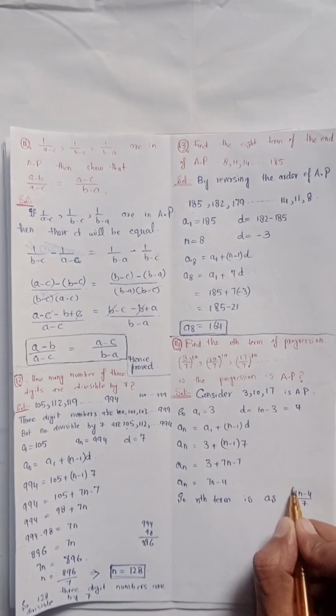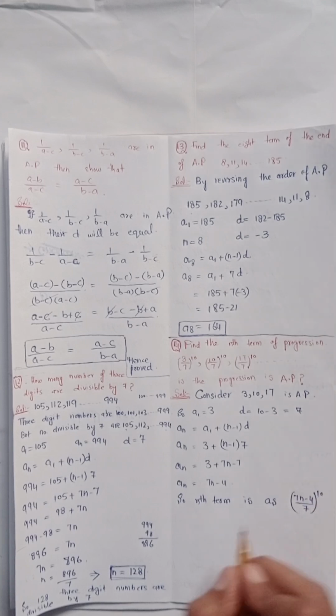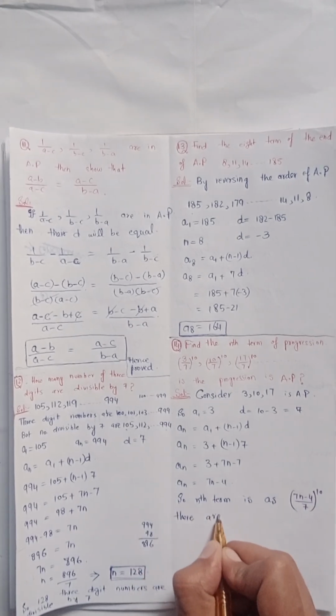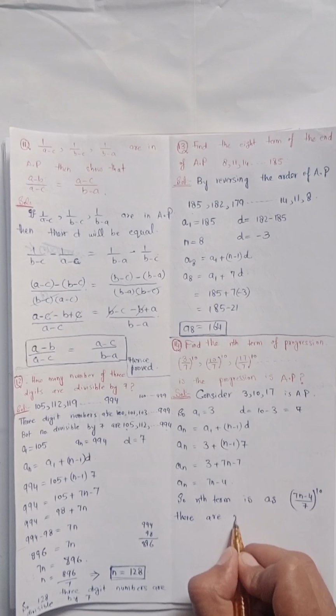If the arithmetic progressions 3, 10, 17 and 63, 65, 67 are such that their nth terms are equal, find the value of n.